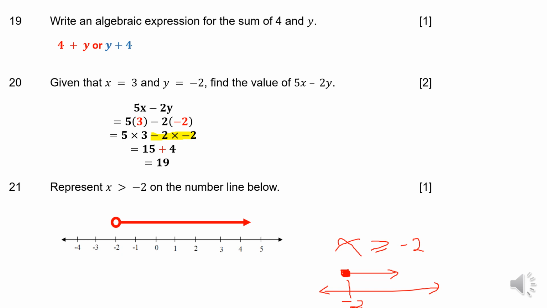But this is not the case here. This case is just x is greater than negative 2, so we leave this little tail end open, a little circle at the end, meaning that negative 2 is not part of the solution, but anything on the other side of that, negative 1, 0, and up to infinity, is true.